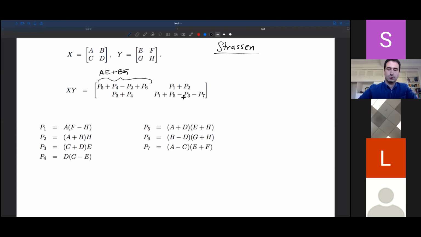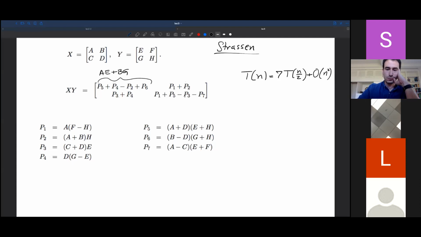So instead of 8 multiplications of n over 2 by n over 2 matrices, we do many more additions and subtractions, but only 7 multiplications. So we end up with T of n equal to 7 T of n over 2 plus order n squared.